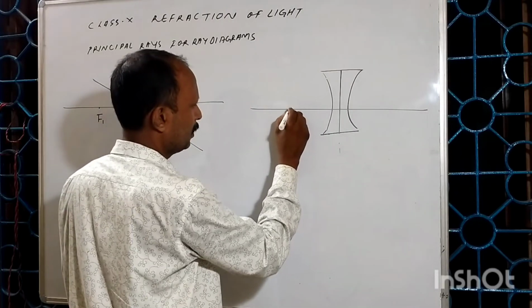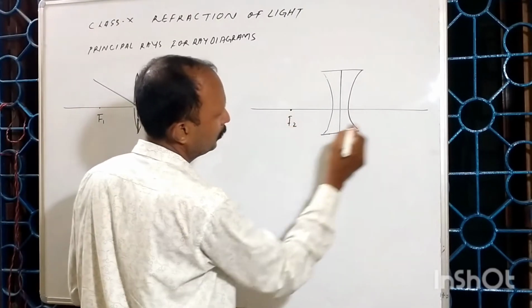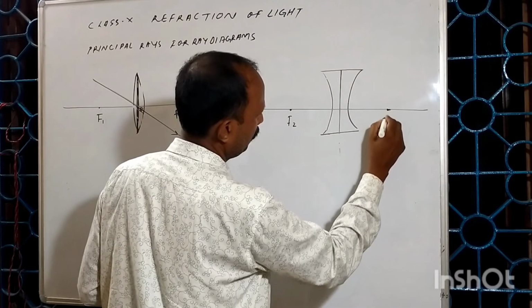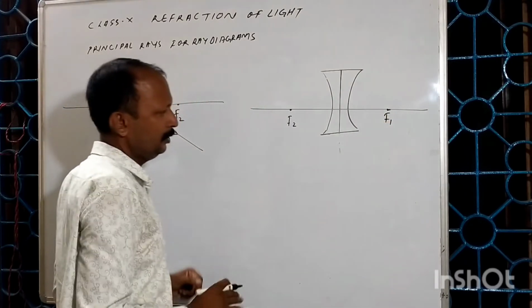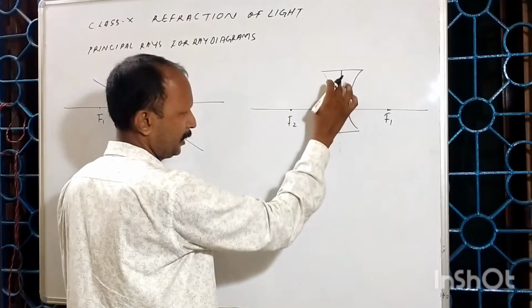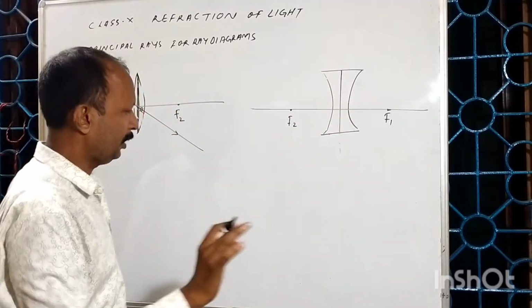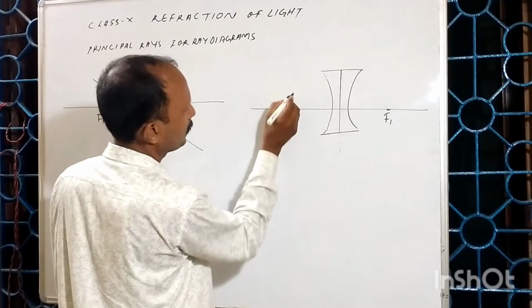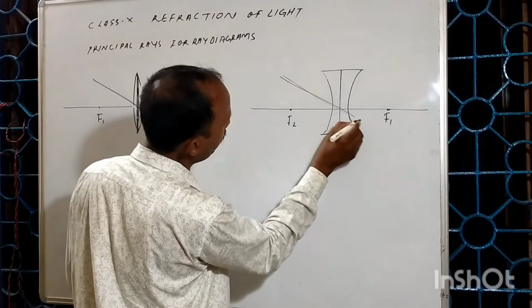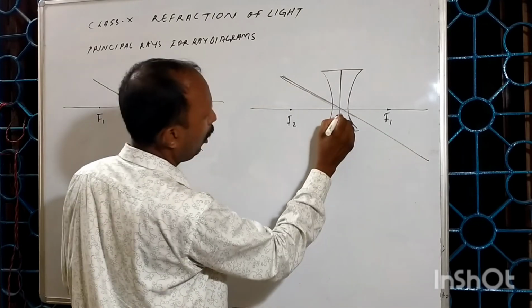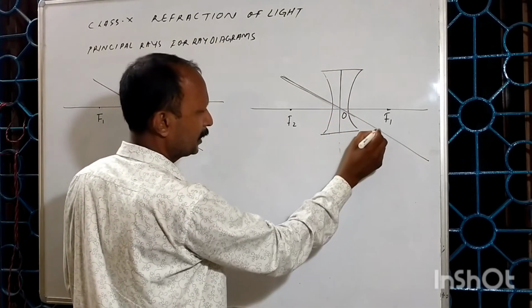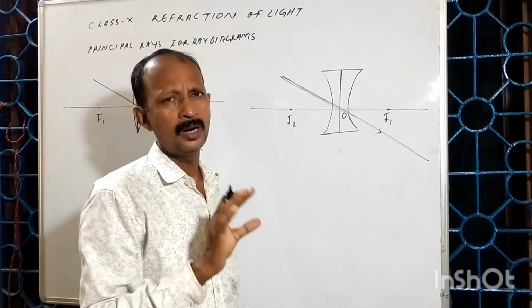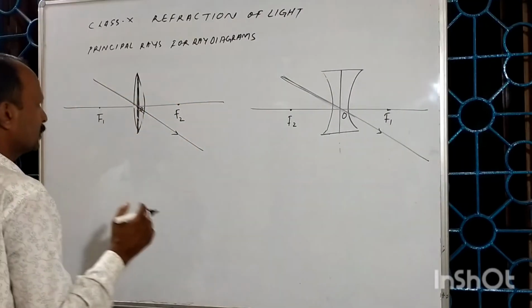This side I can write F2, the second focal point. This is the first focal point. This plane and principal axis are exactly perpendicular. So in case of a biconcave lens, if the light ray is incident at the optic center, then it refracts without changing the direction.